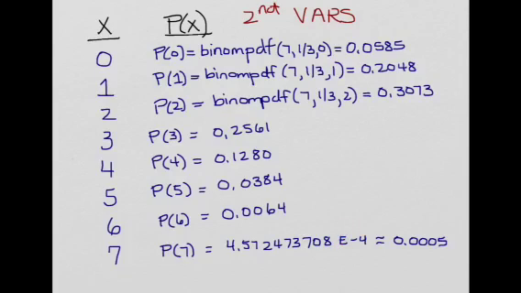So what I'm going to do is I take the number that we have here. Let me write it over here. So I've got 4.5724 and so on. I don't need all that. And it's E-4, which means times 10 to the -4 power. So what you do is you're going to move your decimal point 4 places to the left. So I'm going to go 1, 2, 3, 4 places over and put in a decimal point.